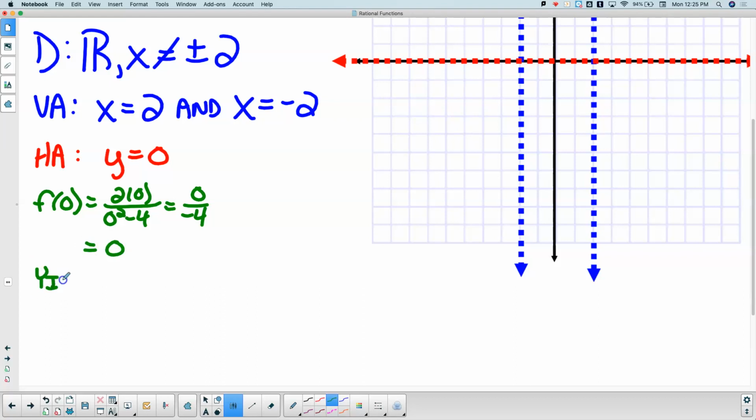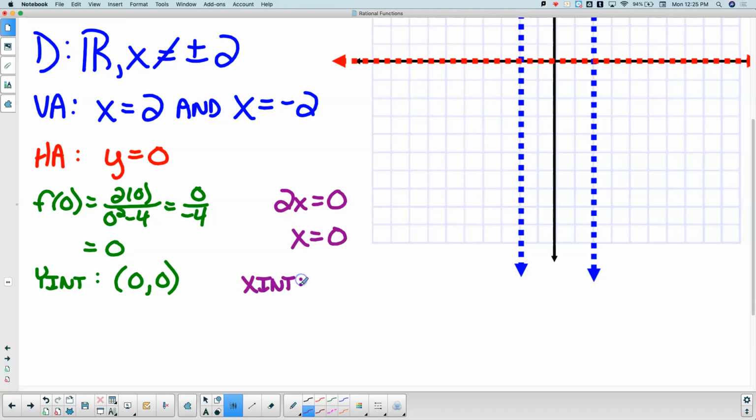I get a y-intercept of the origin. I get an x-intercept of origin. Agree so far?